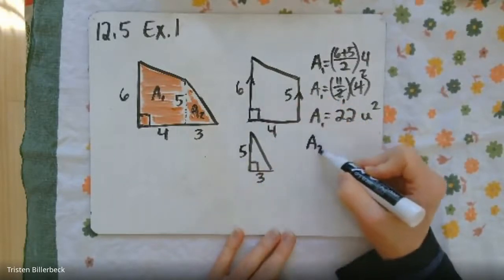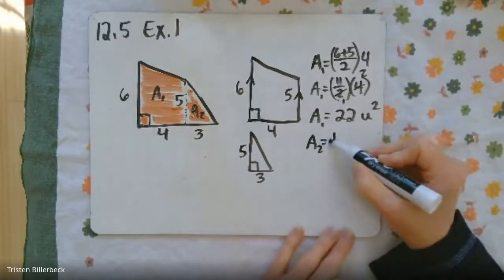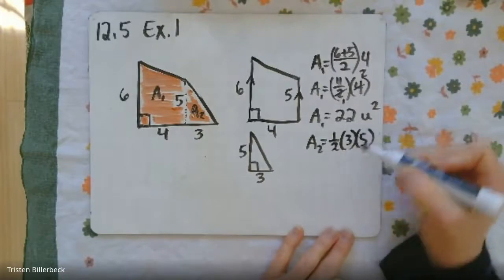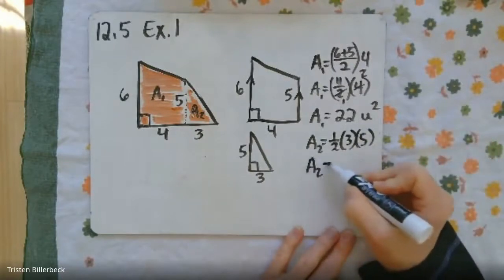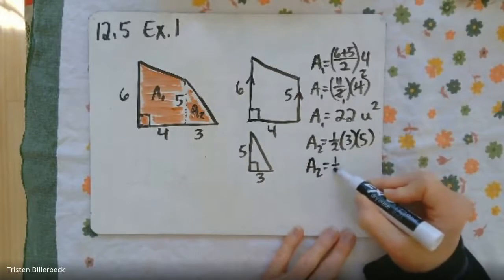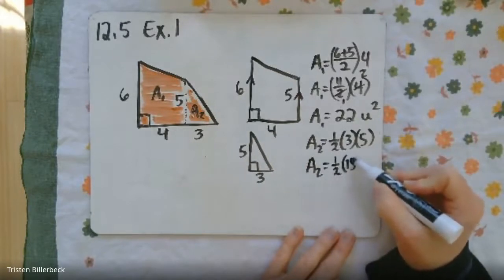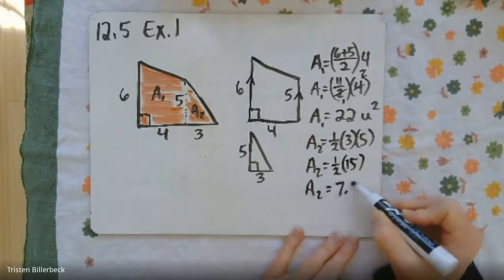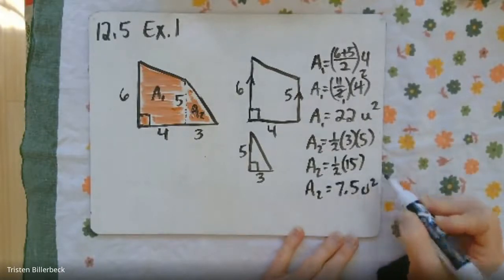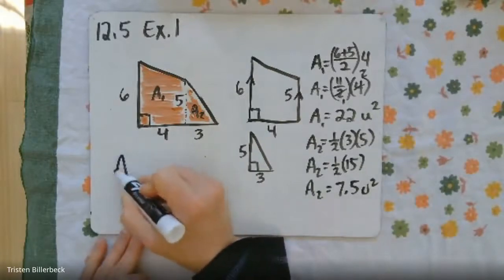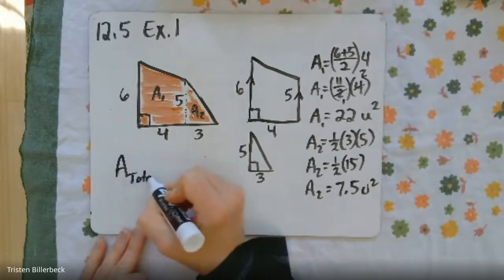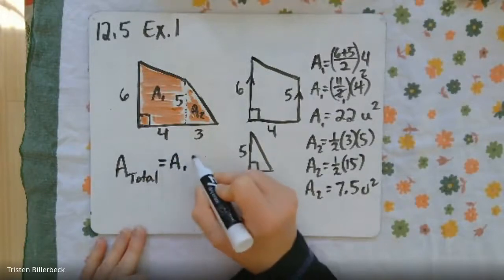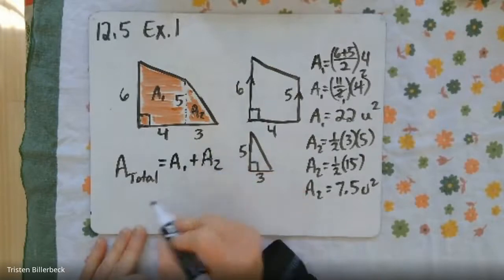So A2, the area of the triangle, is 1/2 base times height. So A2 equals 1/2 times 15. So A2 equals 7.5 units squared. So A total equals A1 plus A2.